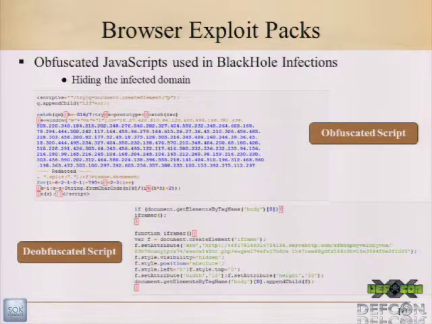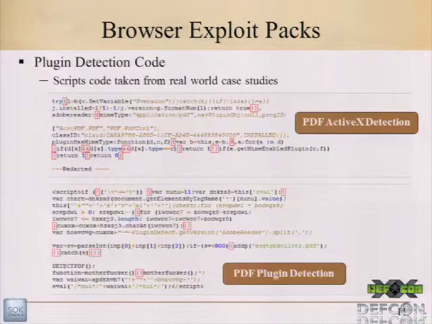That gives you an idea how browser exploit packs are used with obfuscated iframes, and that is how they fingerprint your browser version and the kind of plugins you're using. These are also typical scripts rendered dynamically. So what happens when you visit a malicious URL, you click it, you're redirected to some page, and then this code comes up which finds that, okay, this plugin is vulnerable.